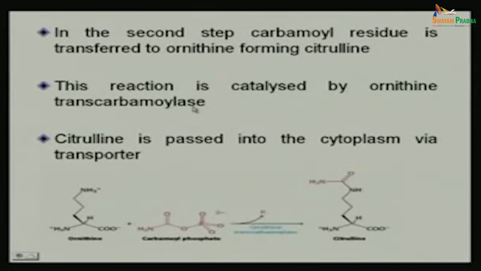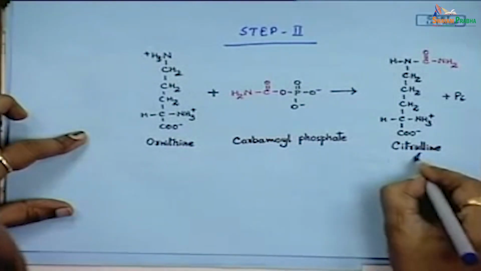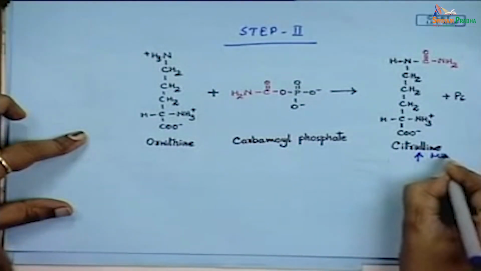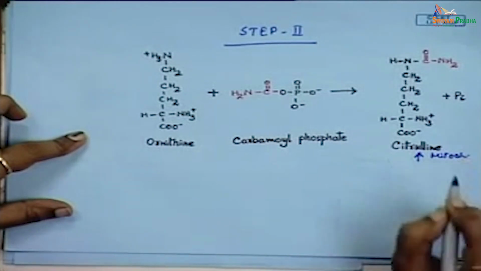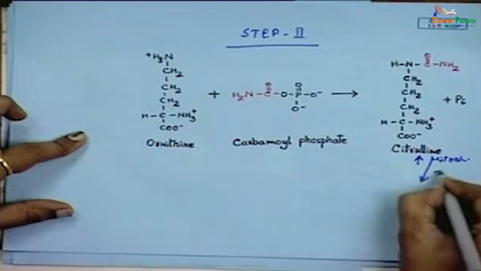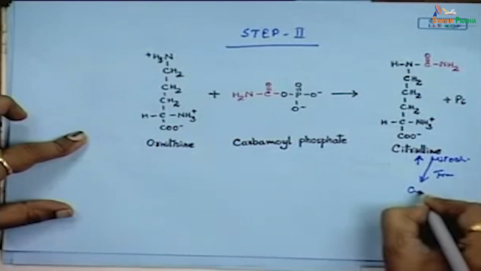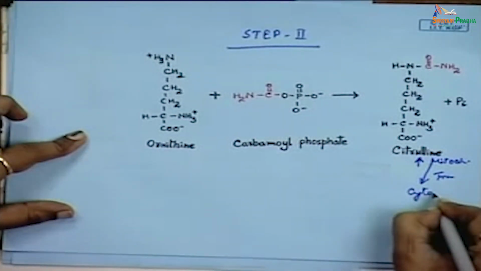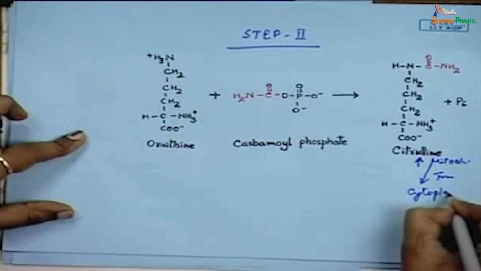This reaction is catalyzed by ornithine transcarbamylase enzyme. Citrulline is passed into the cytoplasm via the transport system. This citrulline which is produced in the mitochondria of the cell is now coming through a transporter to the cytoplasmic fluid of the cell.